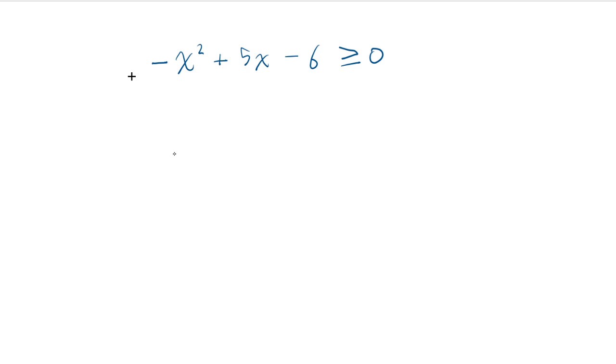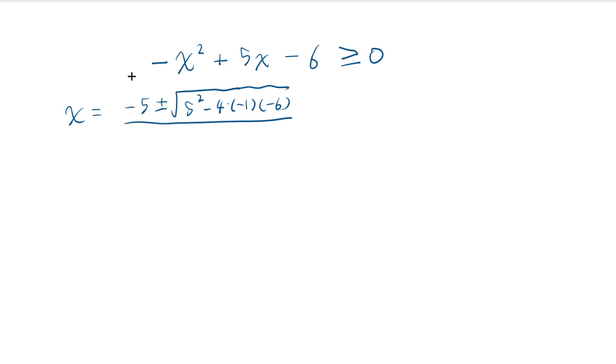Okay, so this one, if you use the quadratic formula, you get x equals negative 5 plus or minus square root. You get 5 squared minus 4 times a is negative 1, c is negative 6, over 2 times negative 1. Be careful, a is negative 1, not just 1.